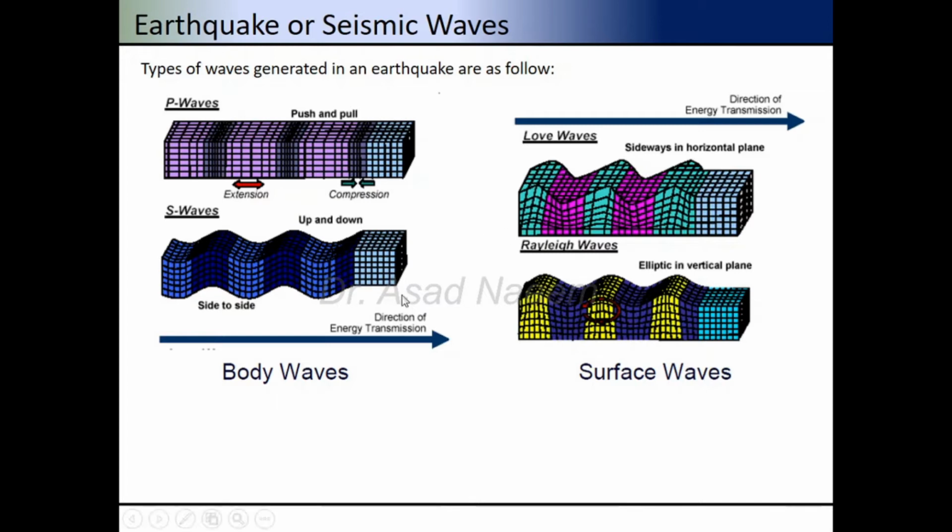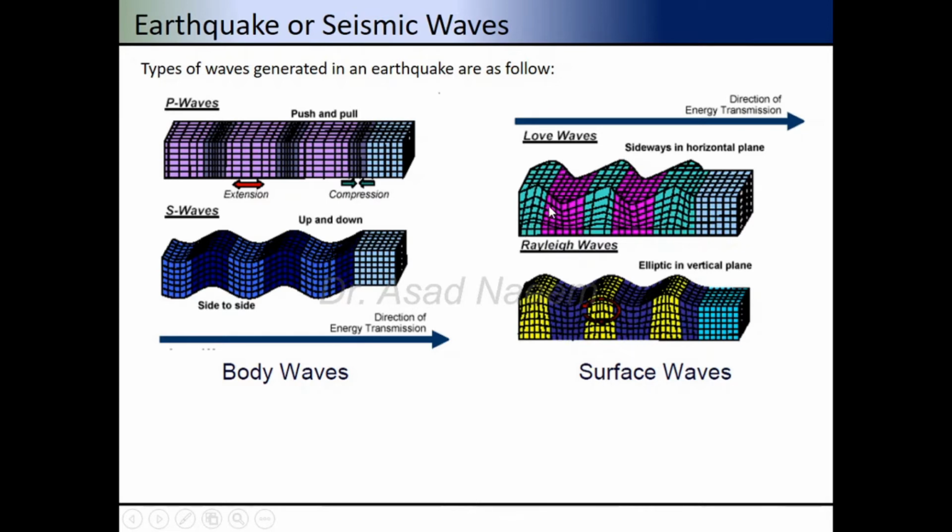S waves are called shear waves. In these, particles move perpendicular to the direction of propagation. When these body waves reach the surface, they are converted into surface waves. Surface waves are further divided into two types: Love waves and Rayleigh waves.